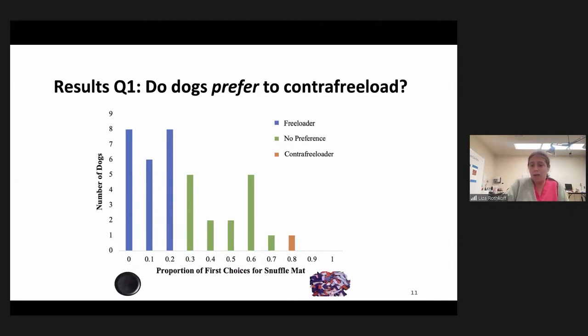The middle grouping of dogs, in green, had no preference and did not show a preference for either feeder. And we had one dog, shown in orange, who we would label a contra freeloader, and she went to the snuffle mat 8 out of 10 trials.